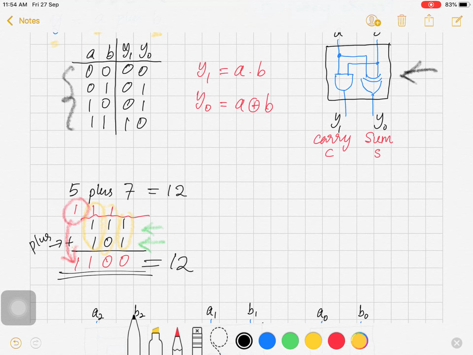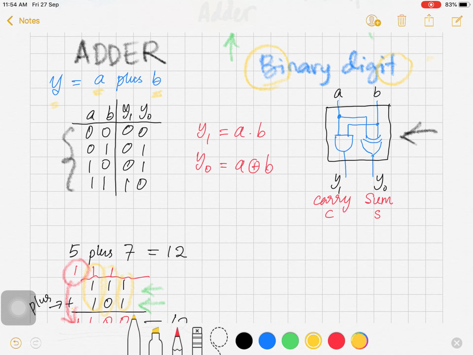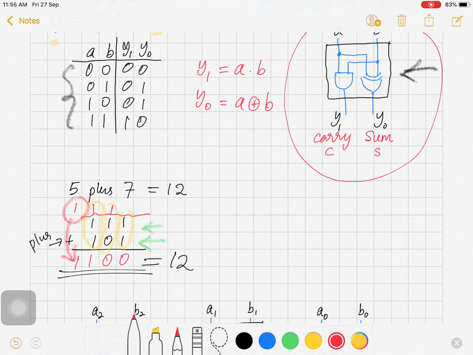So now, let's see, is it possible to utilize multiple numbers of this 1-bit adder to perform this multi-bit operation 5 plus 7?